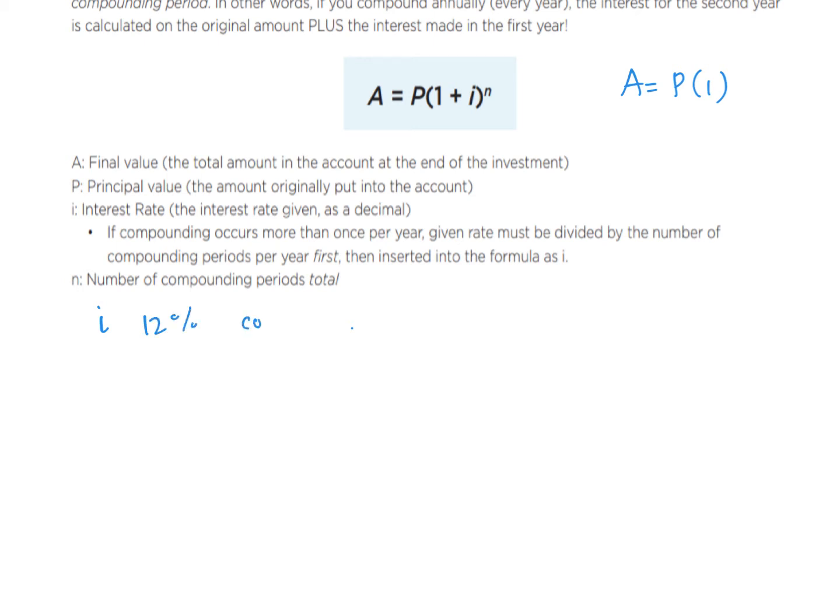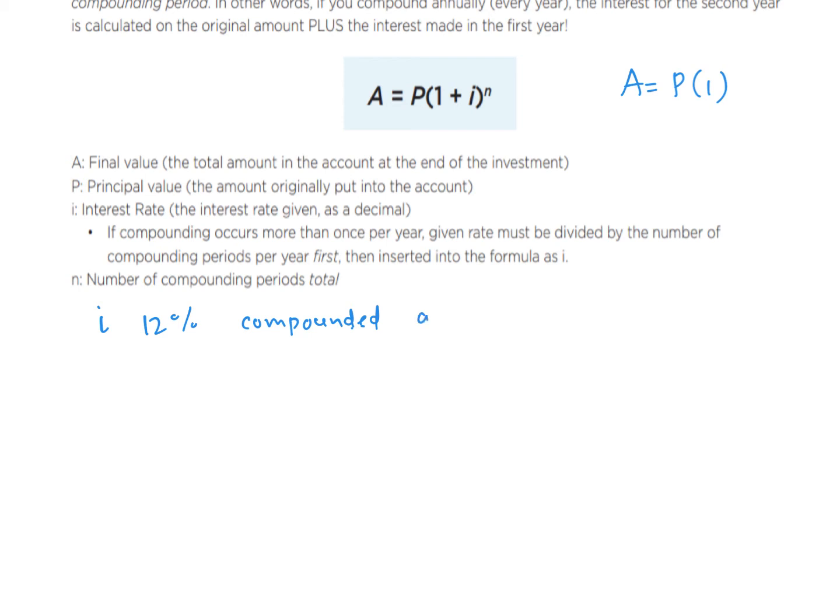But it can be compounded in lots of different ways. So for example, if you get a mortgage at a bank, you could pay your mortgage monthly, you can pay it weekly, you can pay it every 2 weeks, you can pay it twice a month, you can pay it every 3 months, quarterly. So there's lots of different ways to earn or pay interest.